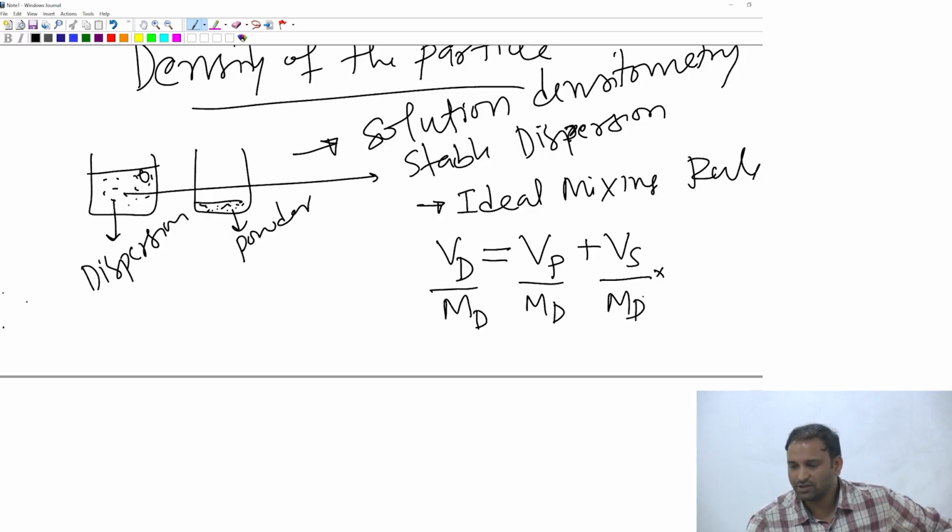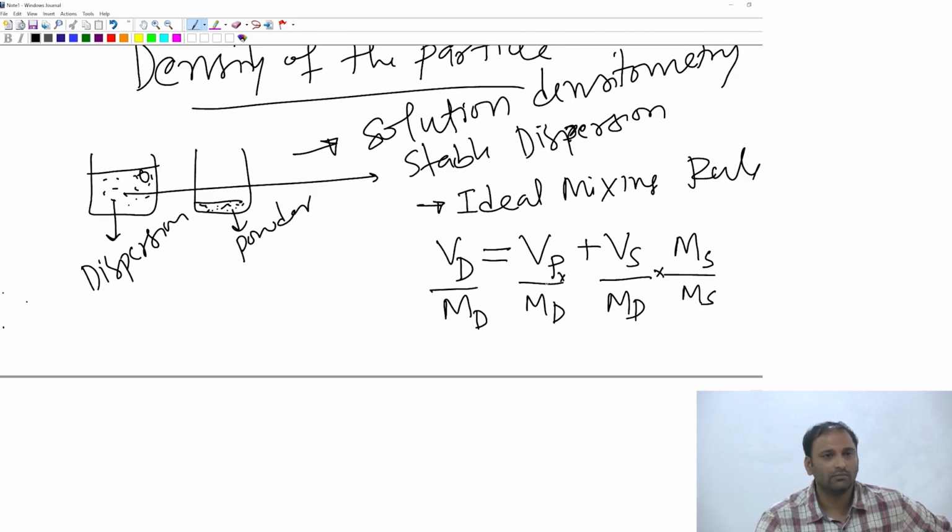Sorry, this is Ms, sorry, Md. The second term, I can multiply by mass of the solvent divided by mass of the solvent. And this term, I can multiply by mass of the particle divided by mass of the particle.